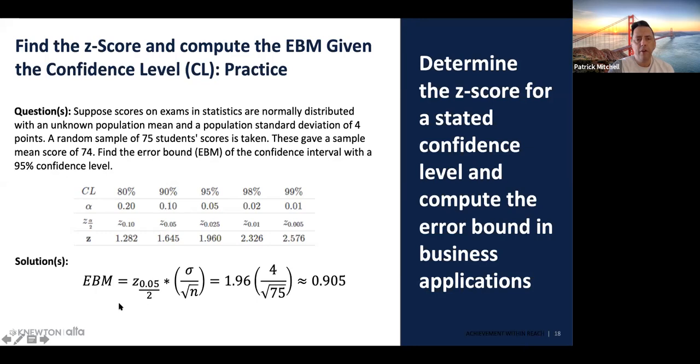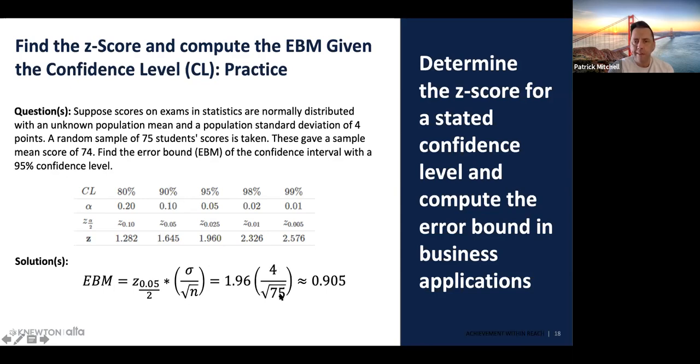So now we're using the whole formula, z sub alpha over 2 times sigma over the square root of n. Because this is a 95% confidence level, that means z sub alpha over 2 is 1.96. The population standard deviation is given to be 4.